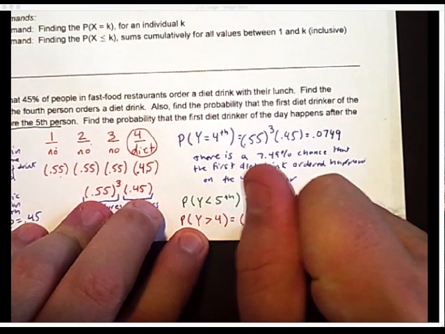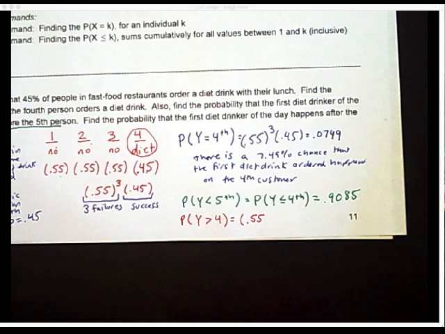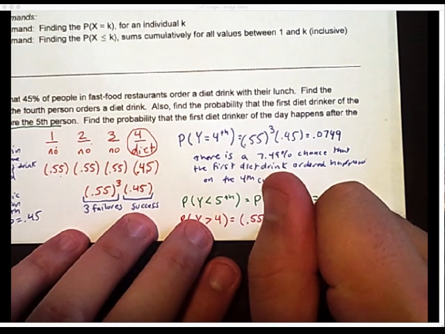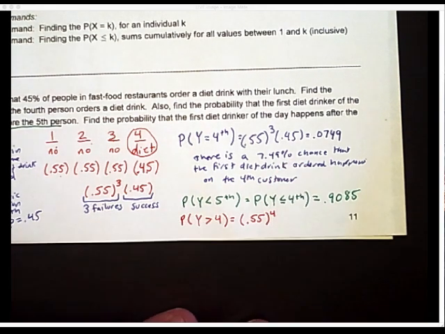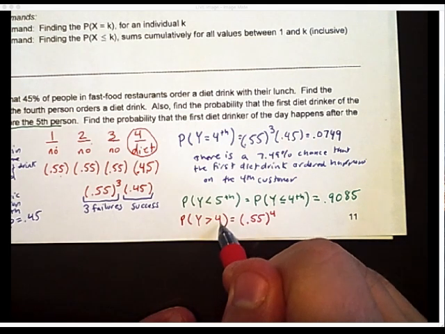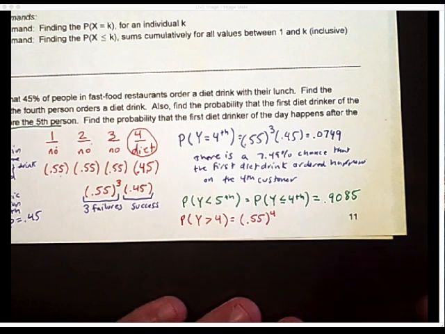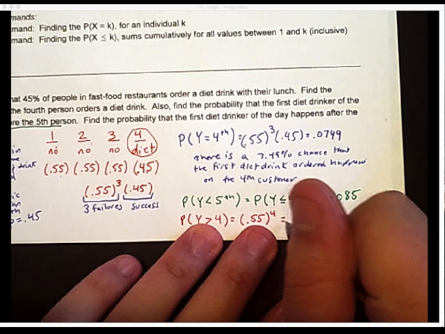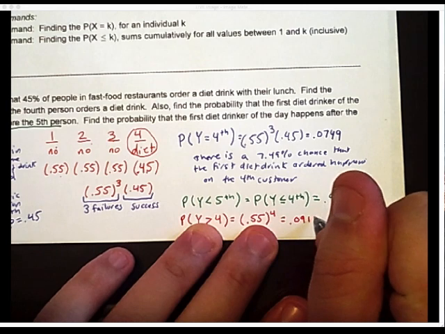So the failure probability is 55%. Raise that to the 4th. So if you take 0.55 to the 4th power, that equals 0.0915.